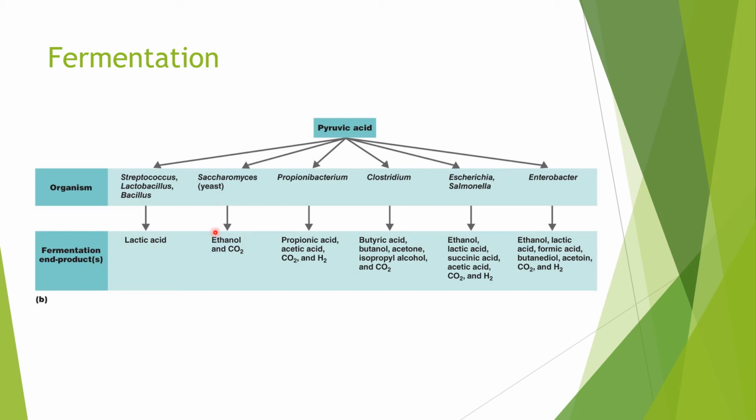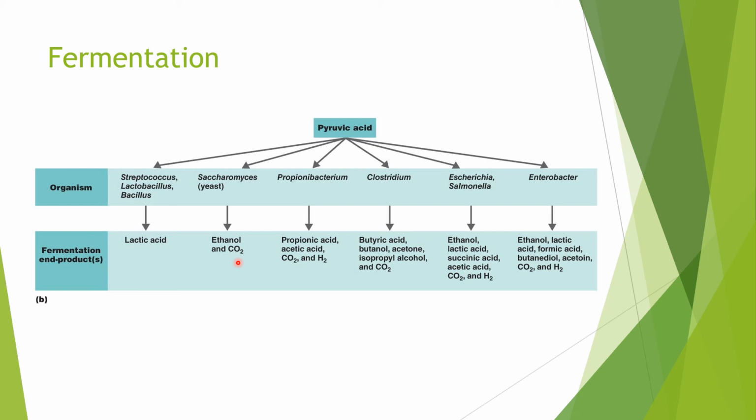Yeast is also used to make bread, okay? Because when you put yeast in your dough, CO2 is going to be produced, carbon dioxide, which is a gas. So when you add yeast to your dough, it's going to puff because of that carbon dioxide being produced. Versus if you don't put yeast in your dough, the bread comes out super flat, okay?